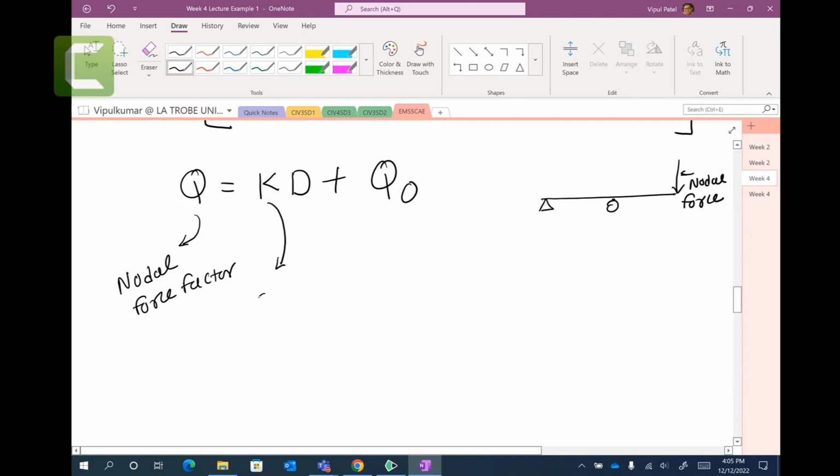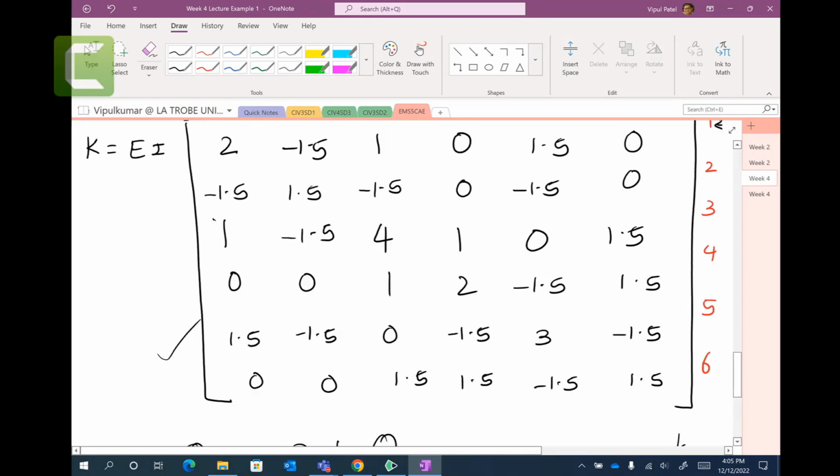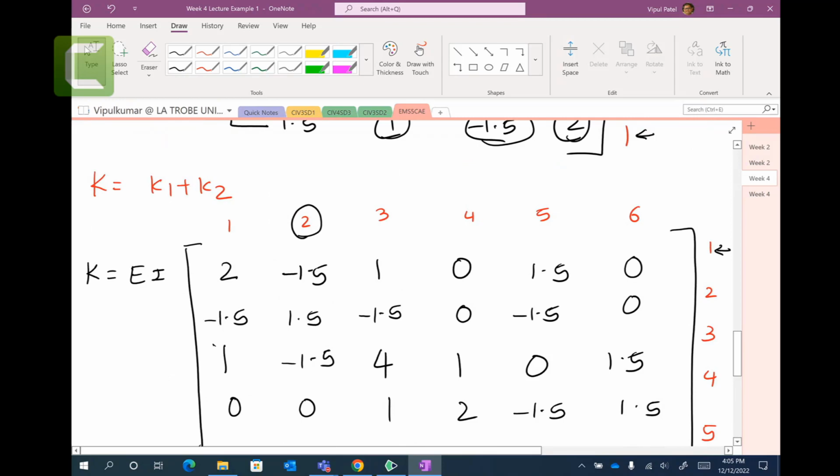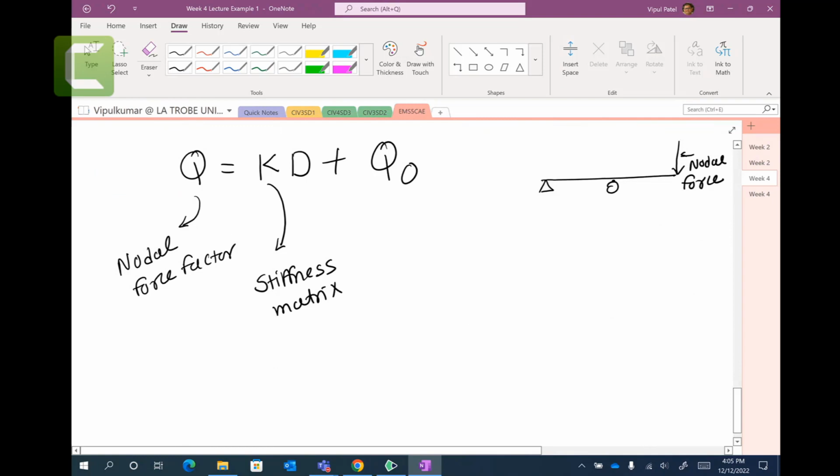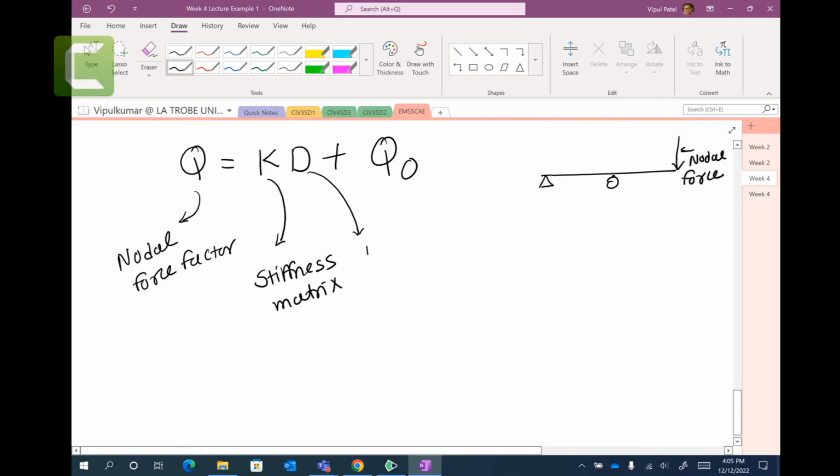This is the stiffness matrix, and that stiffness matrix we calculated. You remember that from last week. If you don't, you can calculate K1 and K2 by doing that one. And this is your displacement vector.